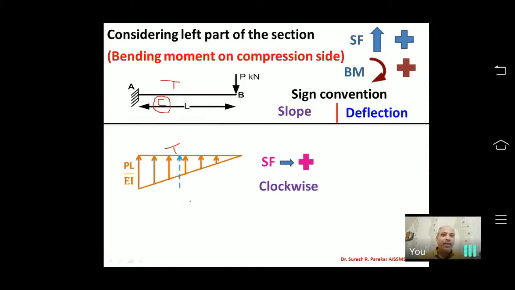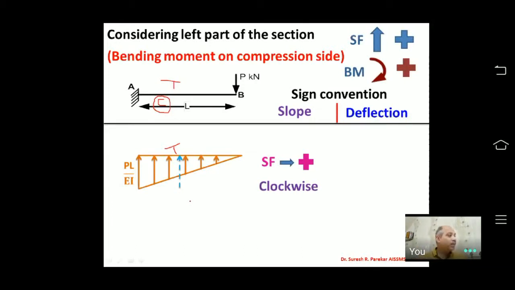So whenever you are in the conjugate beam method and plotting the M by EI diagram, always keep in mind your arrows should be on the tension side when your bending moment diagram is on the compression side, exactly reverse. If my bending moment diagram is below the line, then my arrows should be upward, and if above the line, my arrows should be downward.